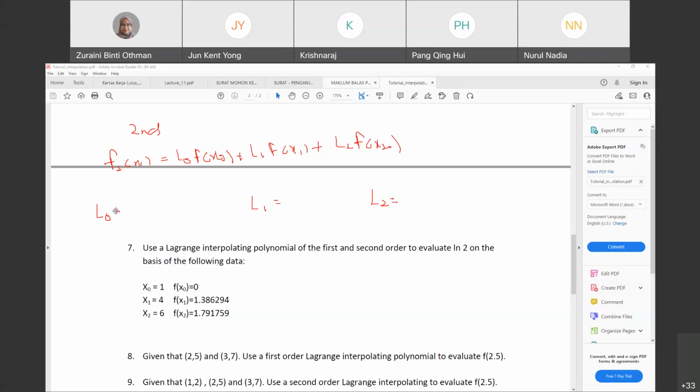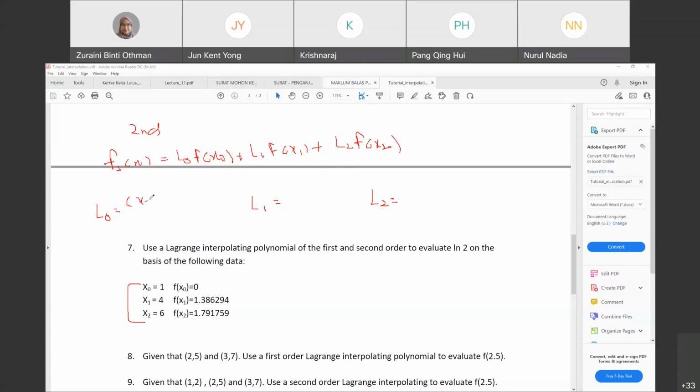This is Lagrange. Okay, now L2 maksudnya sekarang kita kena guna ketiga-tiga point lah, X0, X1, X2. Okay, so L kosong ialah tolak selain daripada X kosong, which is X1, X. Tengok rumus rumusnya ada dekat buku. Kalau tak hafal tak apa. Tapi dah biasa buat, lama-lama dihafal.